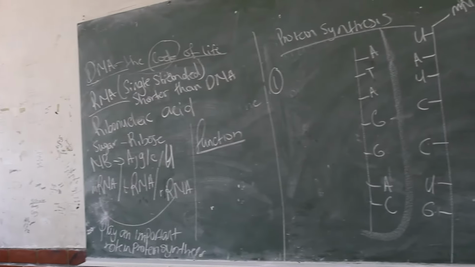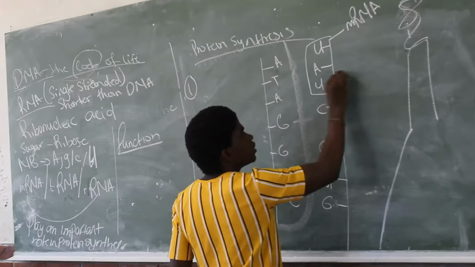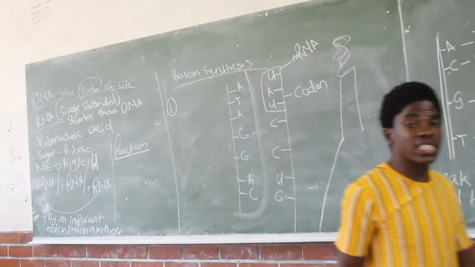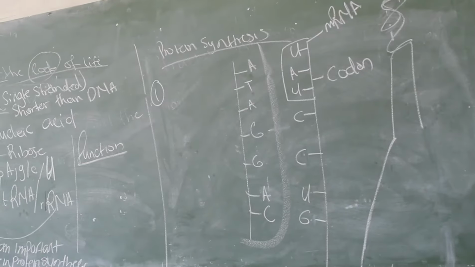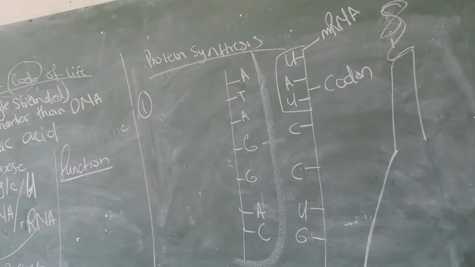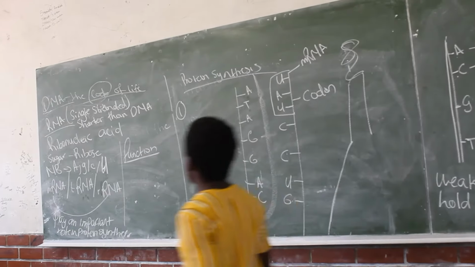When we are talking about the triplet bases, we call them codons. The triplet bases for messenger RNA are called codons. And the triplet bases for transfer RNA are called anticodons.